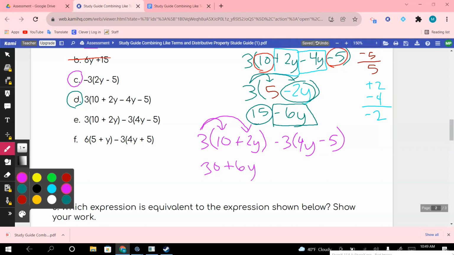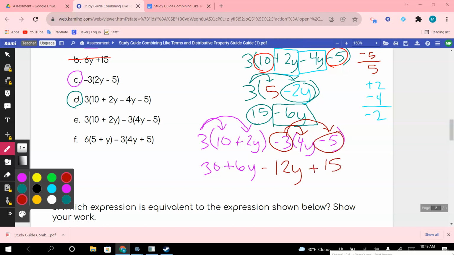Now this is a negative 3 because it said -3. Keep in mind that sign. So -3 times 4y is a negative 12y. And -3 times a -5 is a positive 15.